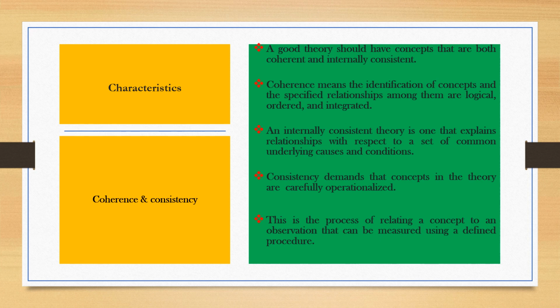And by coherence, we mean the identification of concepts and the specified relationships among them must be logical and ordered and even integrated. An internally consistent theory is one that explains relationships with respect to a set of common underlying causes and conditions. Consistency, as far as theory is concerned, demands that concepts in the theory are carefully operationalized.